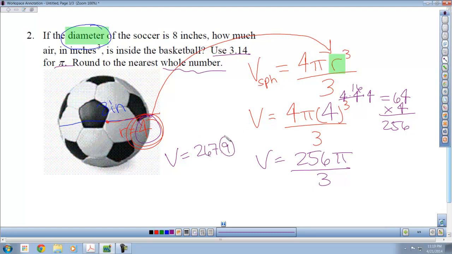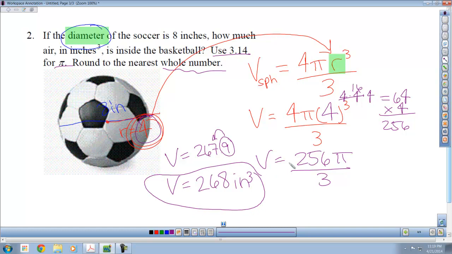And what does the 9 do to the 7? It's either going to leave it or move it up, and in this case it would definitely move it up to 268 inches cubed would be the answer that we would look for. So you will get to use a calculator on this test. You just have to carefully type in the numbers and do the correct rounding.